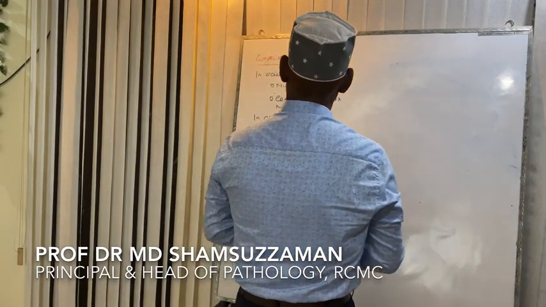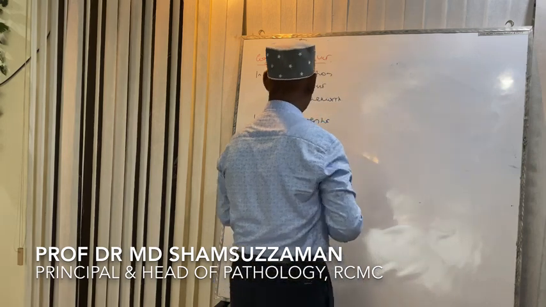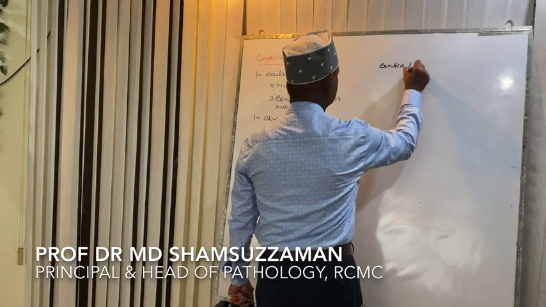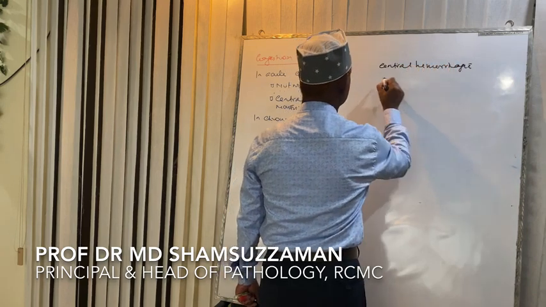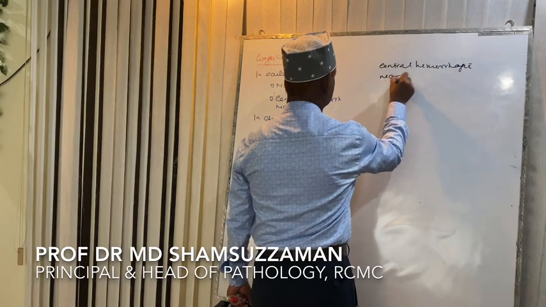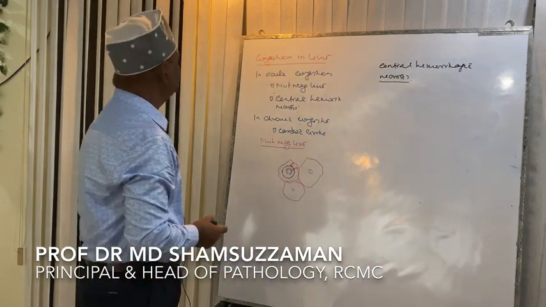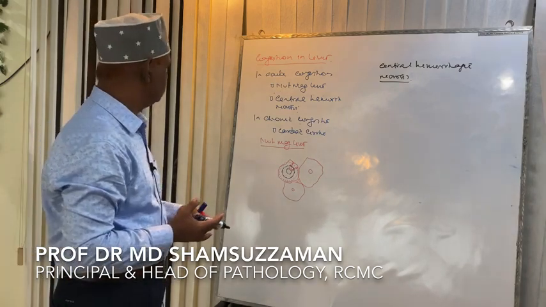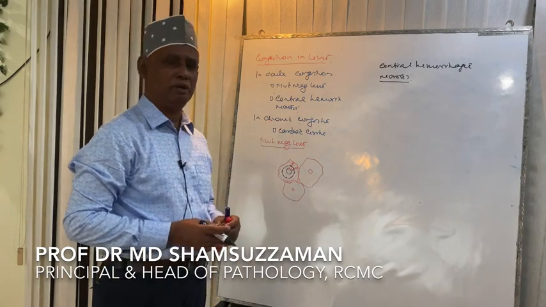Now come to central hemorrhagic necrosis. If liver is in acute congested state, there is chance of development of central hemorrhagic necrosis.